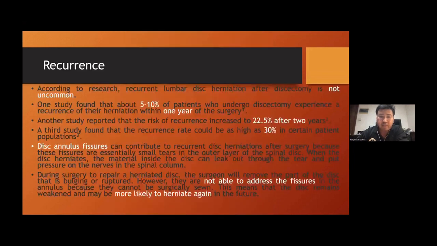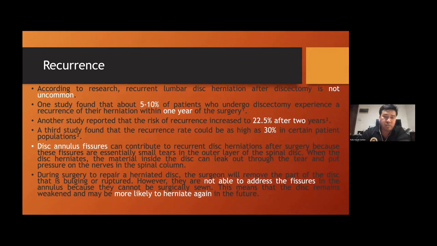Recurrence after discectomy is not uncommon, and as Dr. Sandip said before, it's quite frequent. One study found that about 5 to 10% of patients undergo reoperation within 1 year of the surgery. Another study reports about 22.5% after 2 years, and some report about 30% in certain patients and populations.